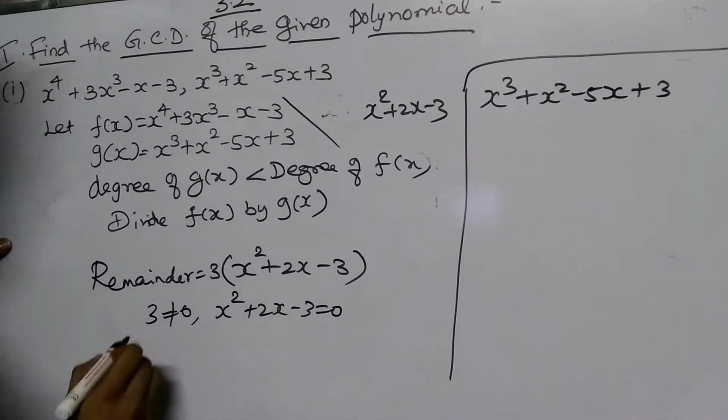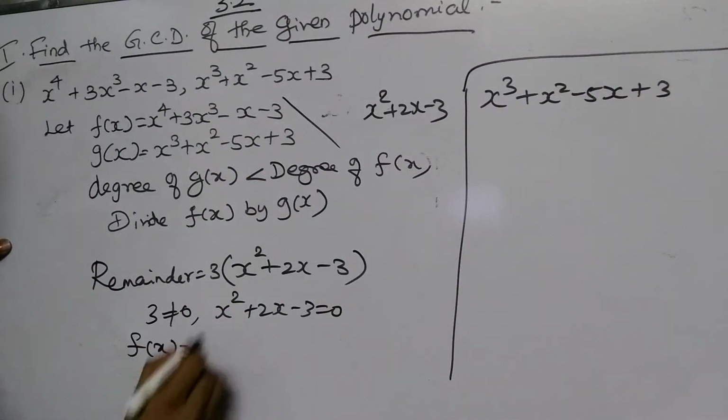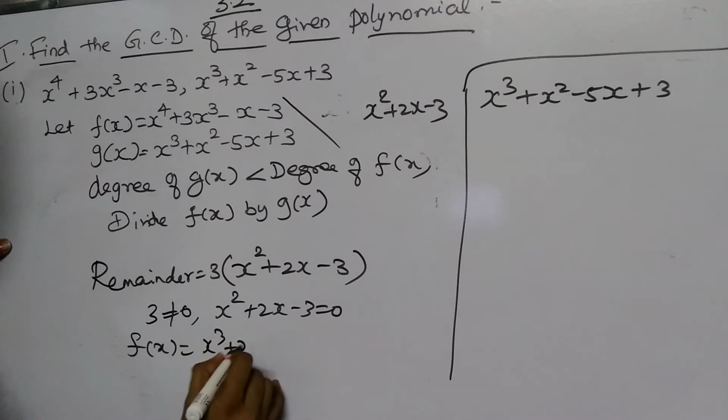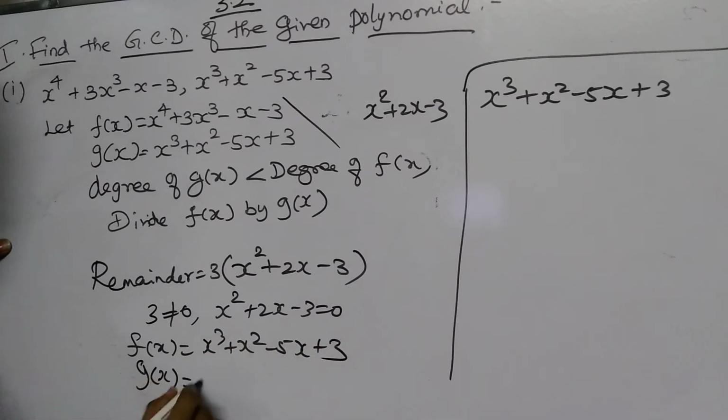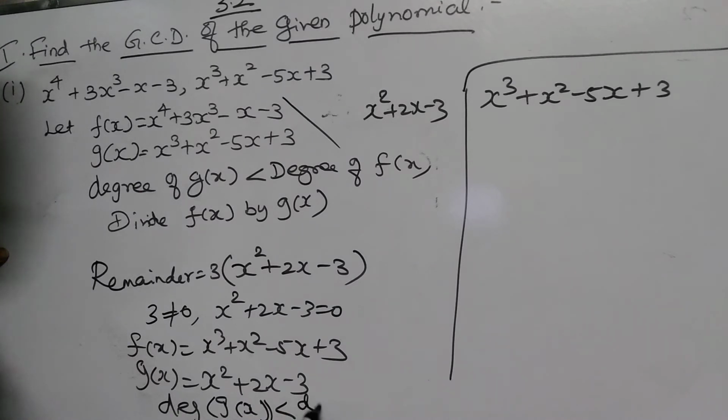So now your f of x is x cube plus x square minus 5x plus 3, and your g of x is x square plus 2x minus 3. For dividing again, you check the condition: the degree of g of x should be lesser than f of x, then only you can divide f of x.